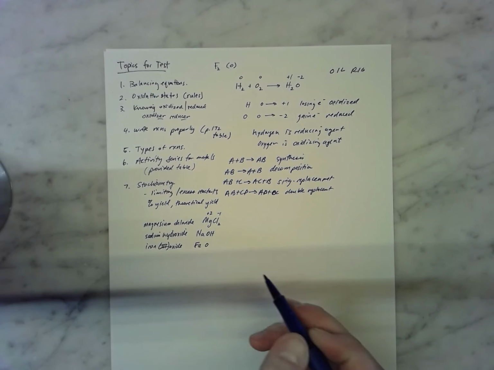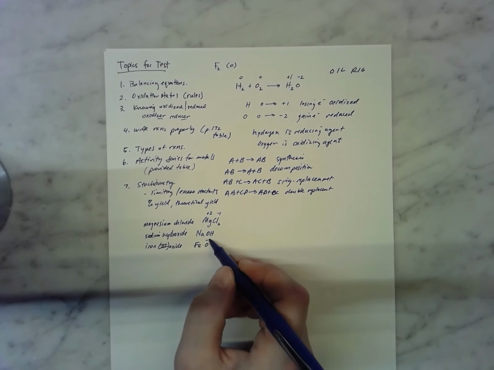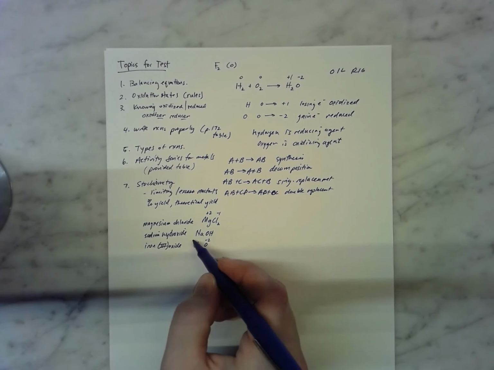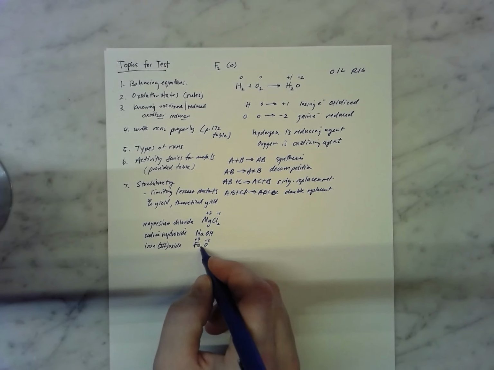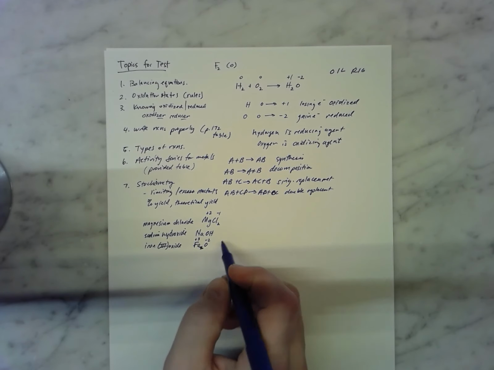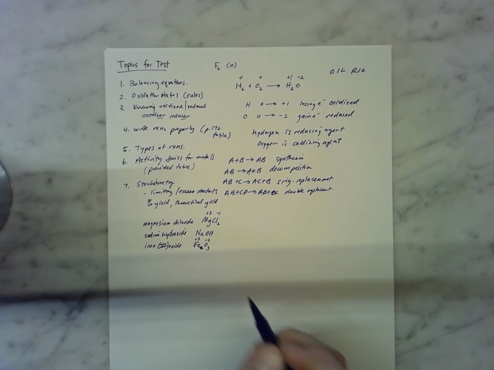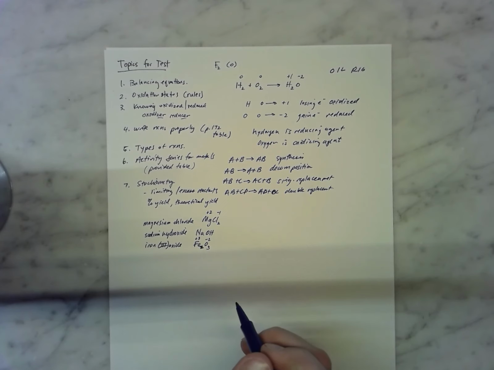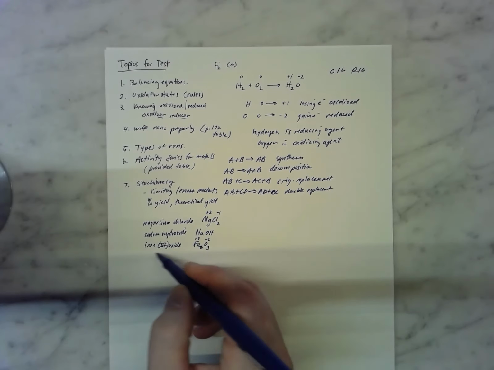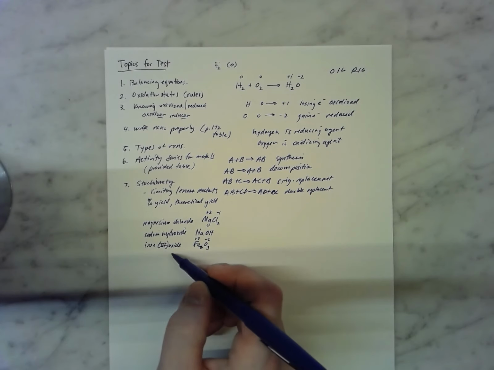This is going to be a -2 because that's what oxygen does unless we hear otherwise, and this is a +3. So that means we have to have 2 irons and 3 oxygens to make the whole thing add up to 0. So it may or may not be iron 3 oxide.